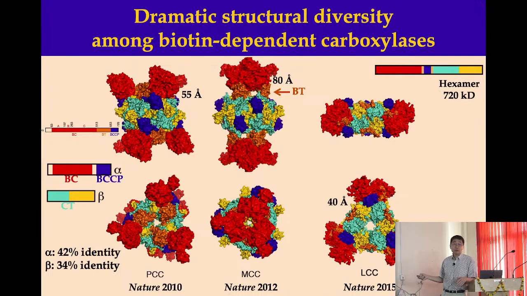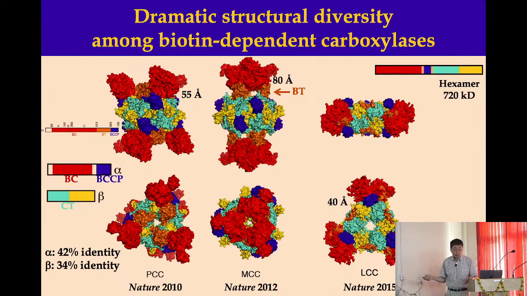Traditionally, based on biochemistry, we know we need BC activity, and we need BCCP to carry the biotin. There's a little linker between the two domains. People just ignored it. They said, who cares? Nothing important biochemically, so we don't know what it does. But when we determined the structure, we realized this linker actually forms a domain. So now there's a new domain: BC, BT, and BCCP.